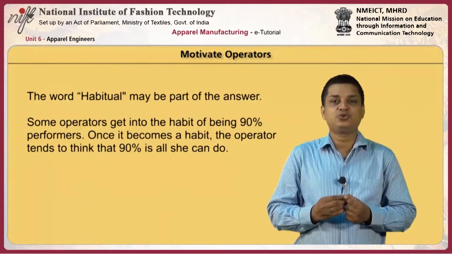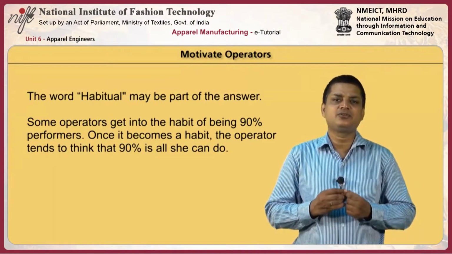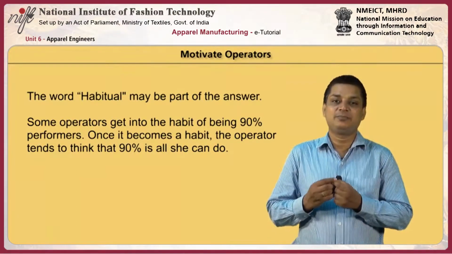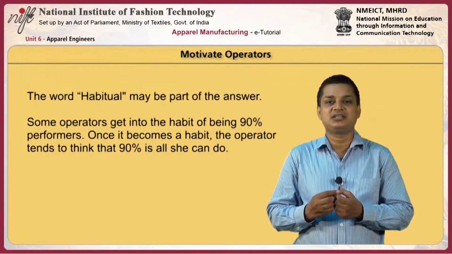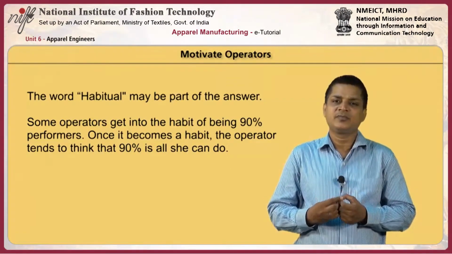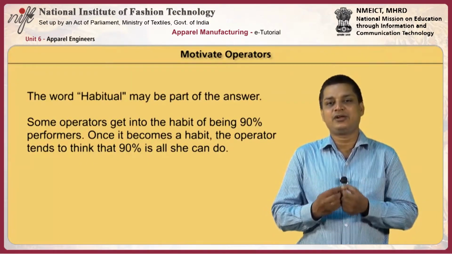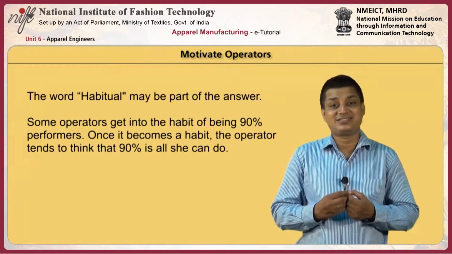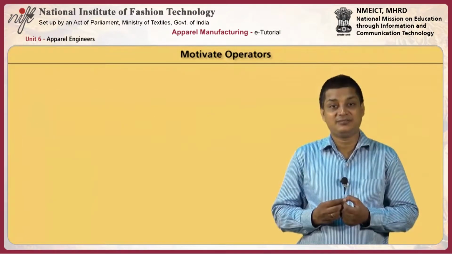The word habitual may be part of the answer. Some operators get into the habit of being 90% performers. Once it becomes a habit, the operator tends to think that 90% is all she can do. Generally speaking, people can do what they think they can do, but usually what they think they can do is less than what is actually achievable.